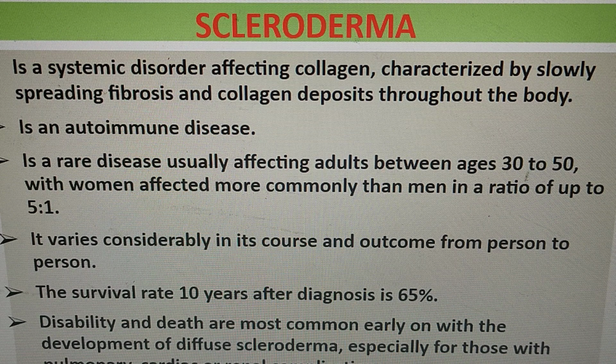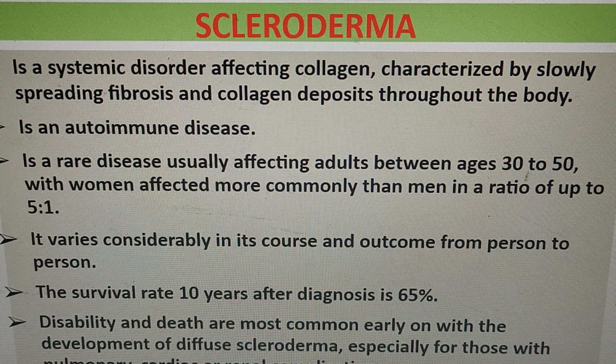It's a rare disease usually affecting adults between ages 30 to 50, with women affected more commonly than men in a ratio of up to 5:1. It varies considerably in its course and outcome from person to person. The 10-year survival rate after diagnosis is 65%.